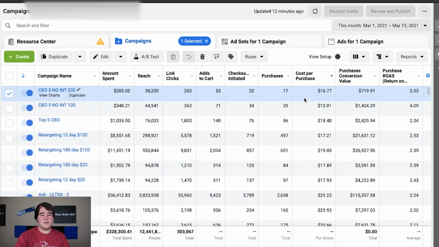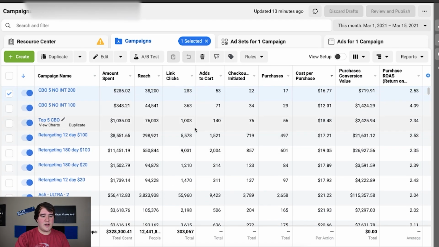So as long as we can just keep on replicating this scaling system, it's going to be a breeze taking this store up to high spend. It's going to be slow at first, but once we get into a $1,000 per day budget CBO, which should be in under a week from now, it's going to start being super exponential, and we're going to start seeing the hockey stick growth that I like to talk about a lot.